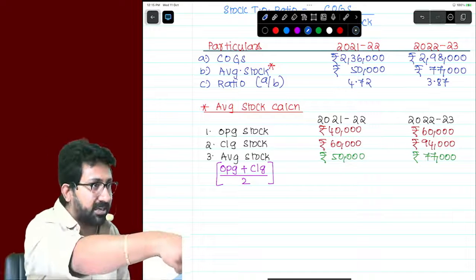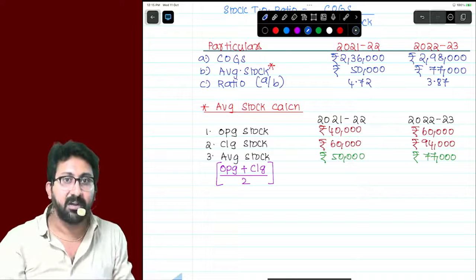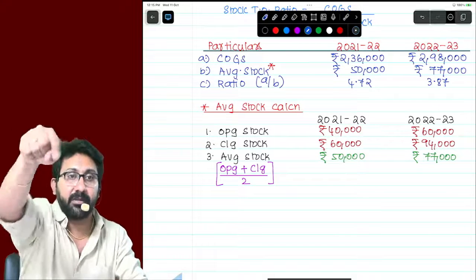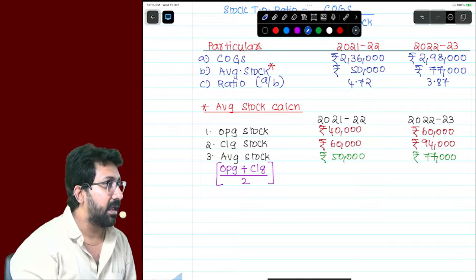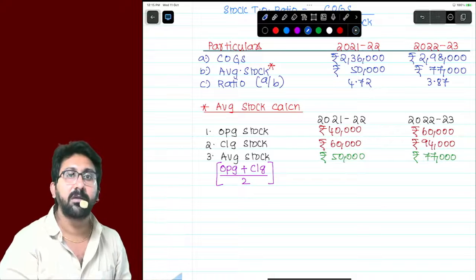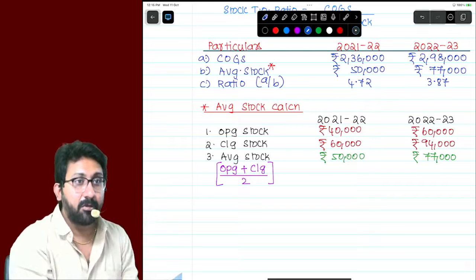You asked one question, why stock turnover? This is the reason. To understand for the cost incurred, how much worth goods I am manufacturing. Are you with me, everyone? Last year, how much I spent? 1 rupee I spent on stock. How much worth goods I manufactured? 4 rupee worth goods.